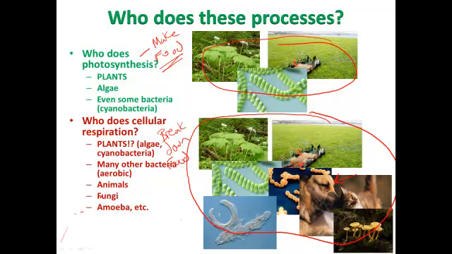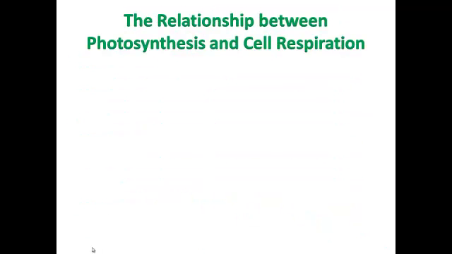They are anaerobic. They cannot do cell respiration. They have to do another type of chemical process to extract energy from food. But cell respiration is common. Plants have both photosynthetic organelles and mitochondria, so we need to keep that in mind.